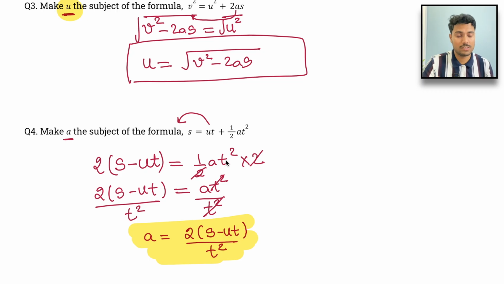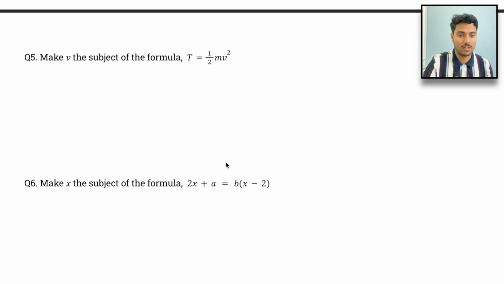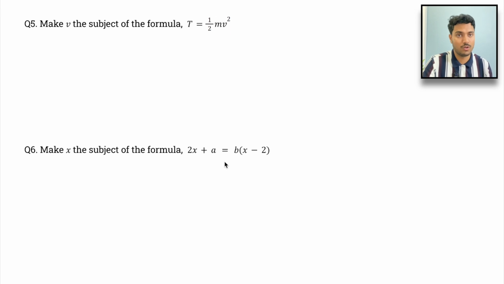So as you can see, the difficulty, the complexity of the questions is increasing. You can pause the video and solve and take your time and then check the answers. That's fine. Question number 5, it says make v the subject of the formula. So we have t equals half mv square. So again, what we'll do, we'll multiply by 2 both the sides because we have to eliminate this 2. So we can write 2t is equal to mv square.